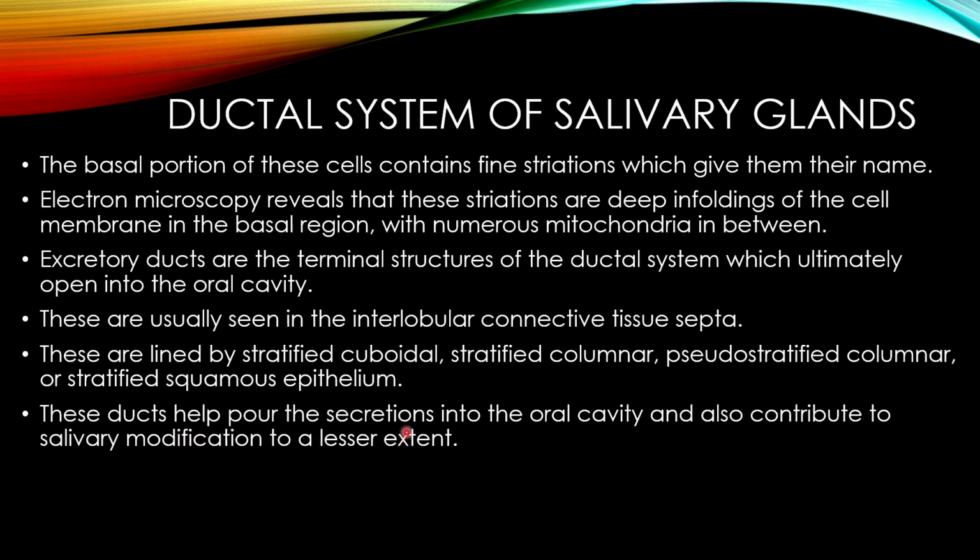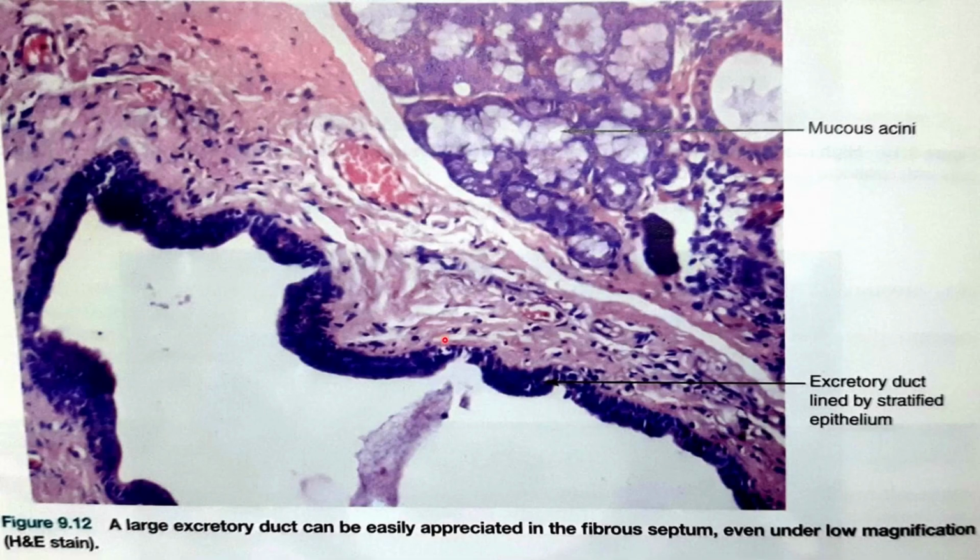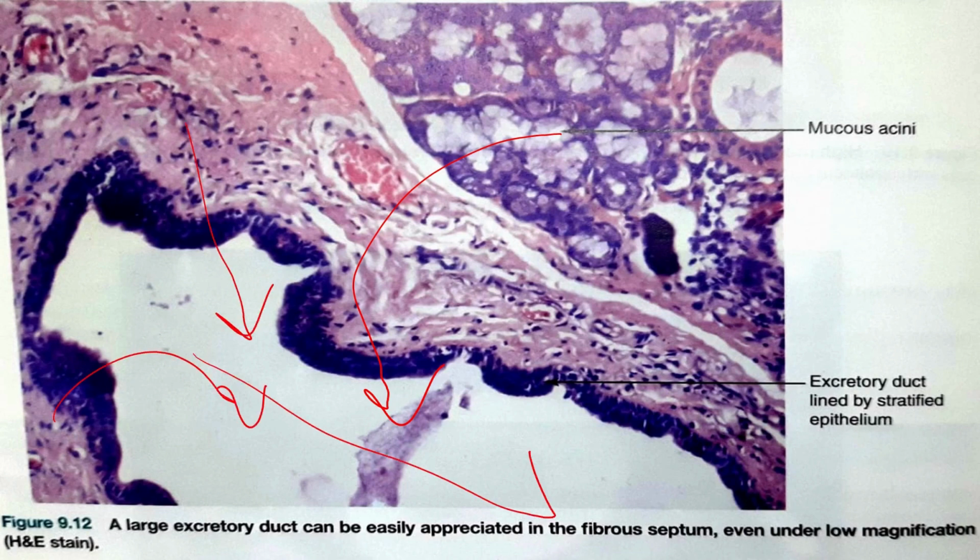These ducts help pour the secretions into the oral cavity and also contribute to the salivary modification to a lesser extent. Okay. This is a large excretory duct you can see here. All the secretions come here from the mucous acini and serous acini. And then it all goes into the oral cavity.